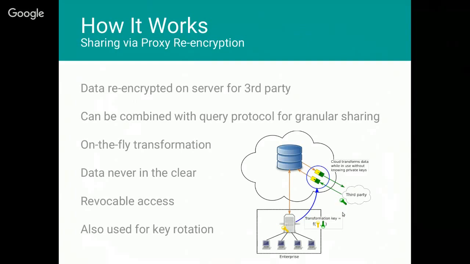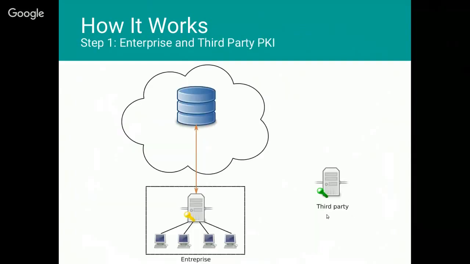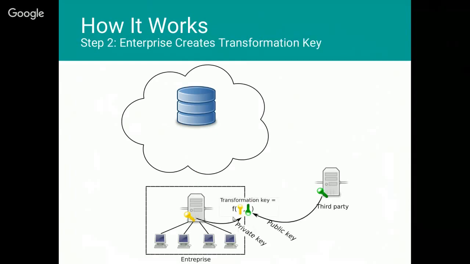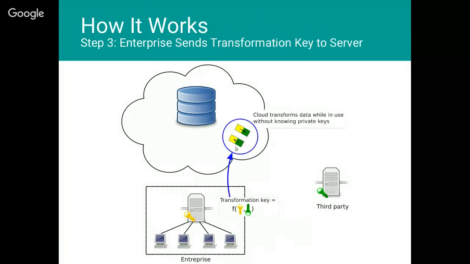The way they work, you take the third party's public key and your own private key, and calculate a special function called a transformation key. When you send it to the server, it starts being able to convert data from being encrypted for you into being encrypted for the third party you shared the data with. But after this transformation key expires, that third party cannot query your data anymore.